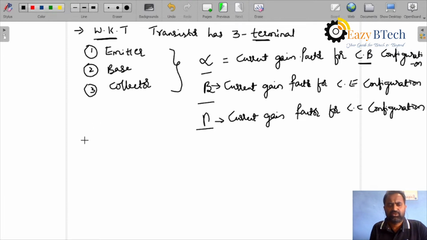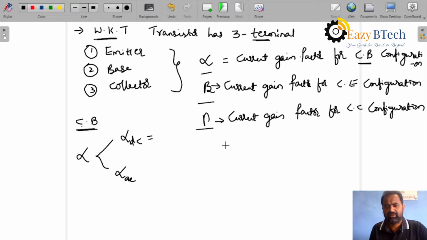What is the difference? Suppose you take alpha in common base. Alpha is of two types, DC and AC. For alpha DC we represent output current by input current. For common base, the base is common, because a BJT is a two-port network.